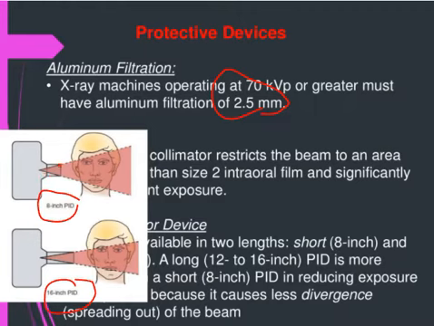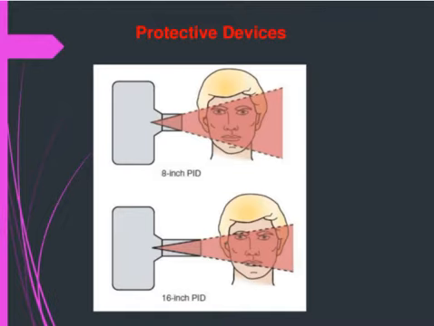Here you can see when the X-ray cone or the PID is small, there is more divergence or spreading of the X-rays. When it is long, there is less divergence and less exposure to the face. So we always want the lesser area, and we always prefer a long PID like the one that is there in our lab.